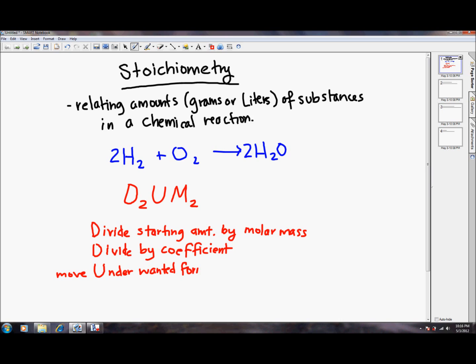The U stands for move under. So we're going to start talking about one thing in a balanced chemical equation, and then we're supposed to be finding out an amount of a different thing in the balanced chemical equation. The U just reminds us that we're going to switch from what we're starting with and move under what it is that we're supposed to find out about. The M's stand for multiply.